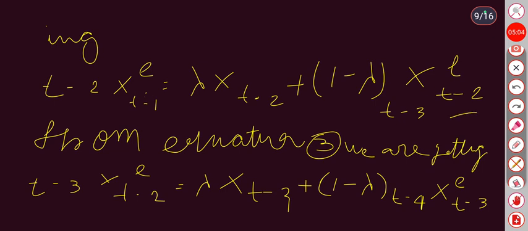From equation 3 we are getting that expected value of t minus 2th period depends upon the t minus 3th period information, is exactly equal to the actual value of t minus 3th period plus the expected value of t minus 3th period information.